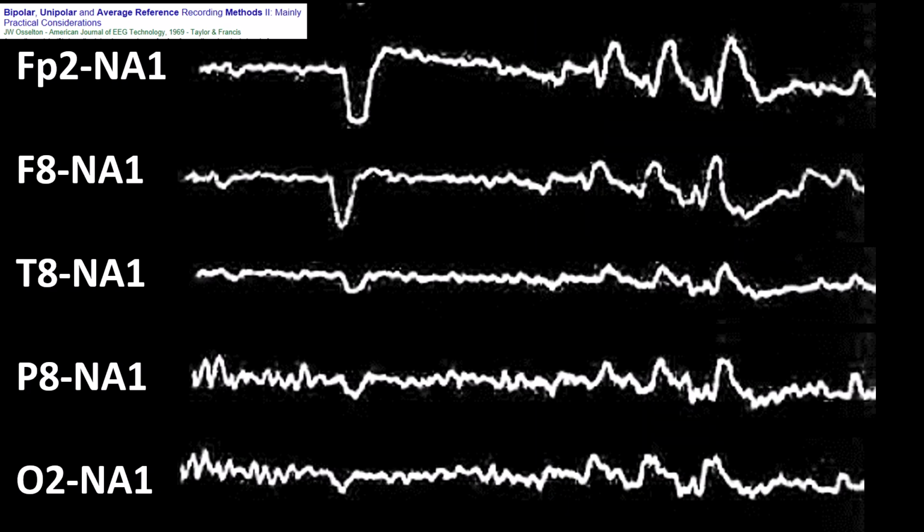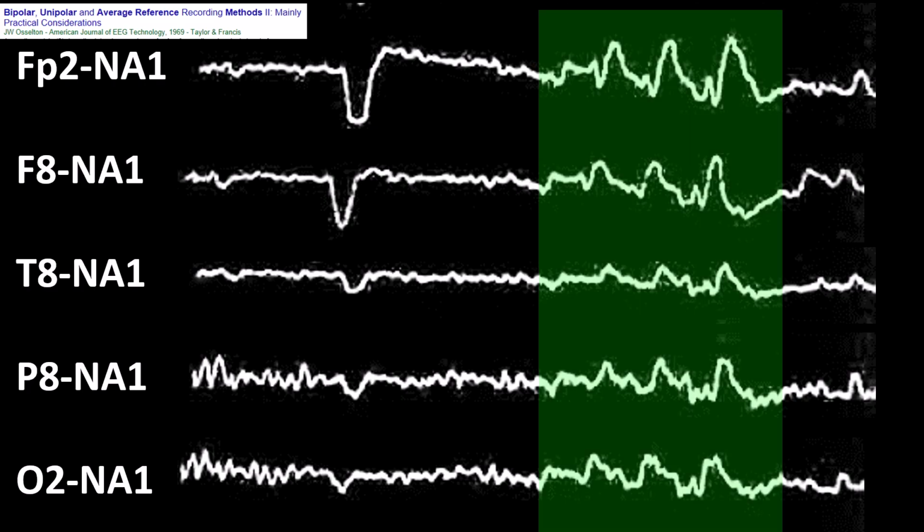This is the same epoch of EEG now viewed using common electrode reference montage with the common reference electrode placed on the neck just below the left ear instead of in the chin. I again highlighted in green the area of the EEG potential. The EEG activity extends from FP2 to O2 and it has a frontal predominance too.